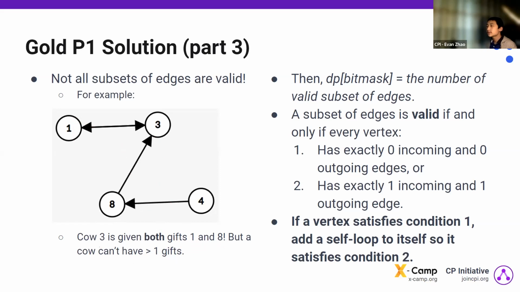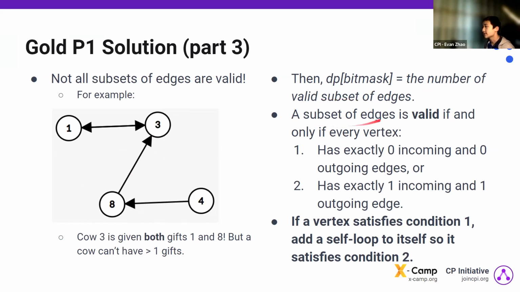Now, using this graph representation, we can define DP bit mask in another way. We can define DP bit mask to be the number of valid subsets of edges. To define what a valid subset of edges is more rigorously, read this.